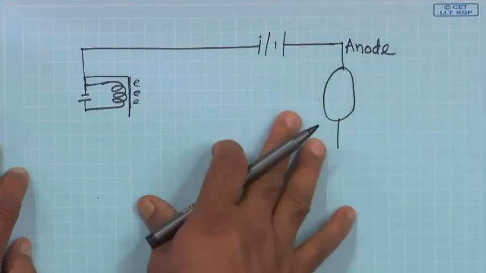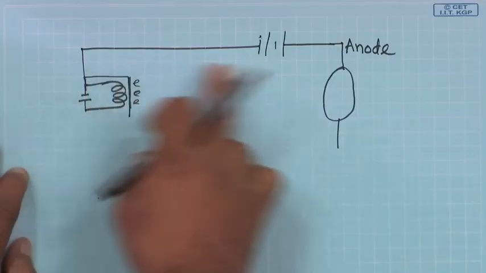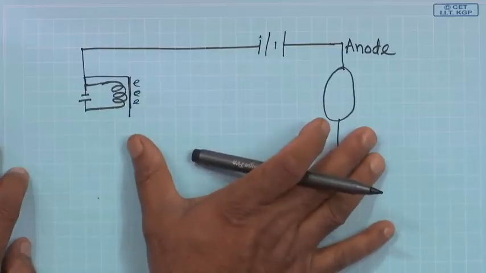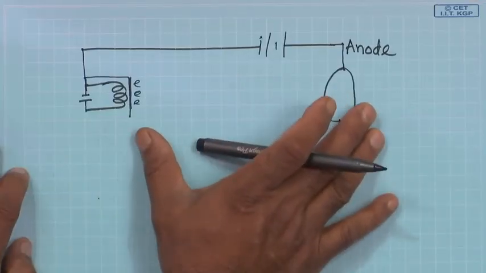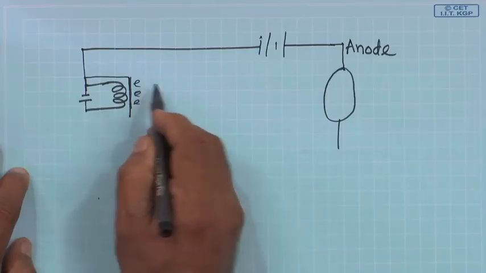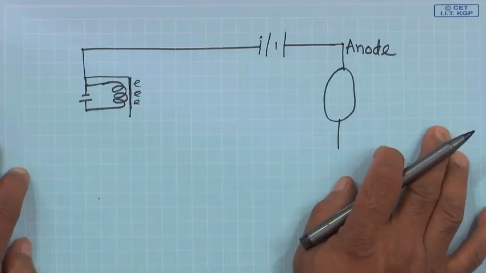So, if we apply a very high voltage between this cathode and anode, then there is a huge potential difference between cathode and anode. So, now these electrons will be accelerated and move towards the anode, right.